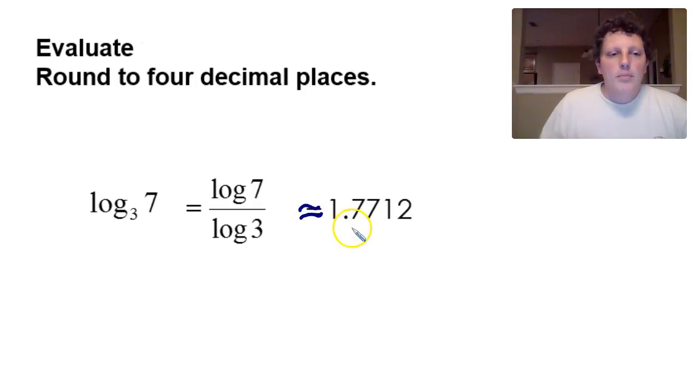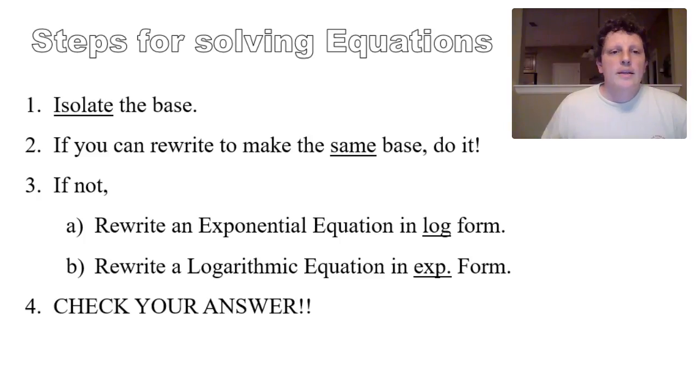But if we go out 4 places past the decimal, we've got a pretty precise answer, and that is just fine. You'll see that in later examples today, I'm going to use this change of base formula, and I want you to see it and be comfortable with it.